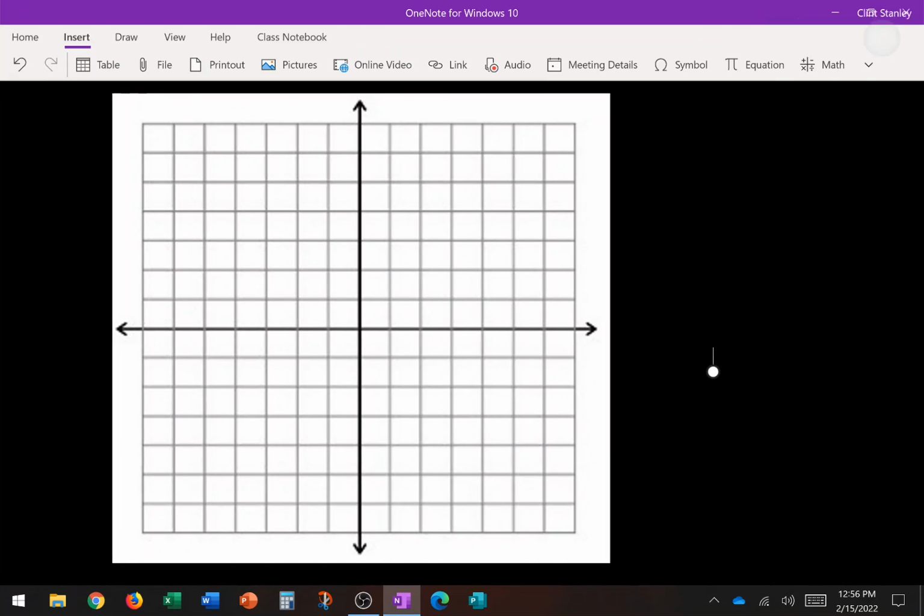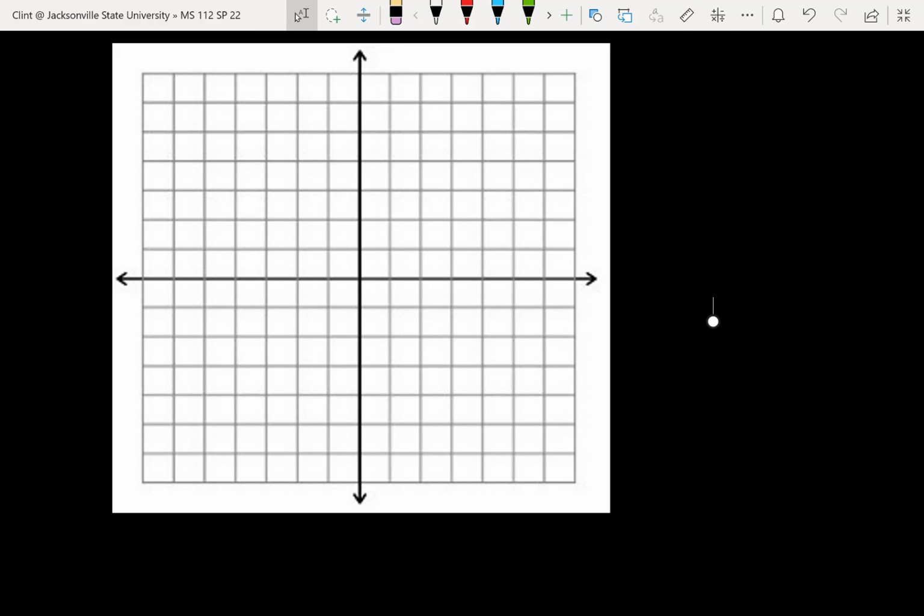So we have something like this. I've got my ruler, so maybe I can actually draw a straight line. Here's the graph of a line. What we want to be able to do is describe this line.